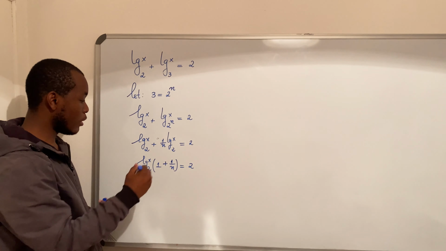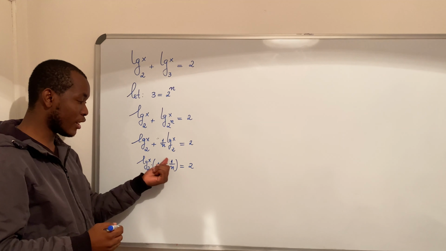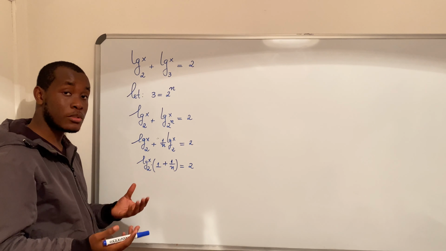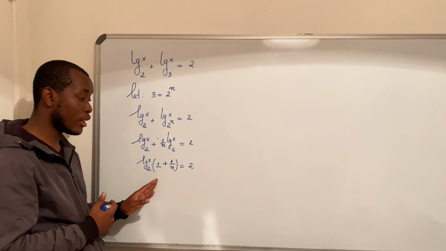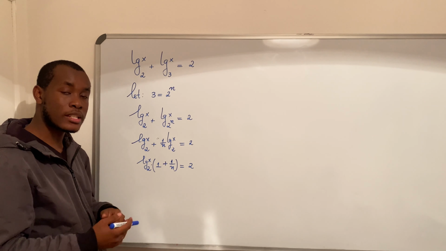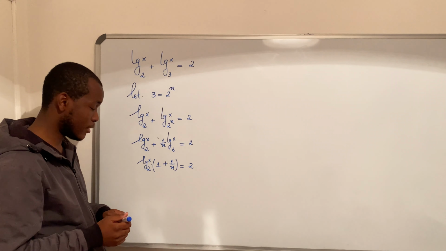So now we have this log multiplying this expression equal to 2. We know that if a number is multiplying on one side, we can send it to the other side dividing. If it's adding, it can go to the other side subtracting. These are the simple rules we know from maths.